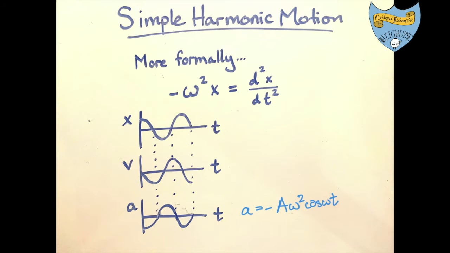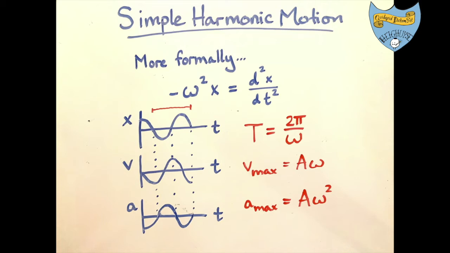And of course, our acceleration is 180 degrees out of phase with the position graph, right? It's going to look more or less like you took the position graph and flipped it over. The magnitude will be a little bit different, though, because there's the amplitude for your acceleration function.